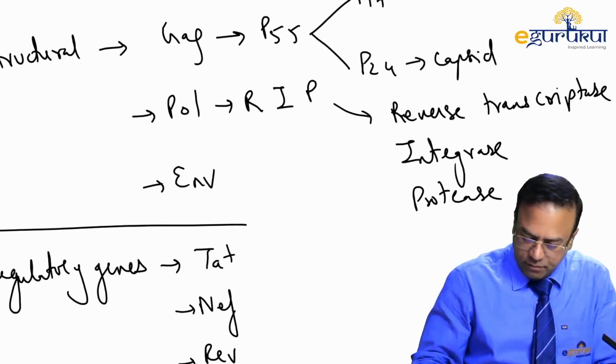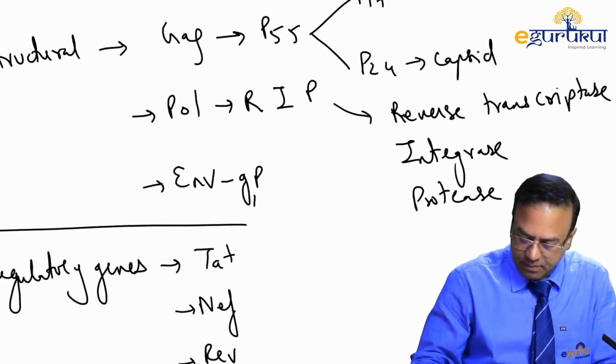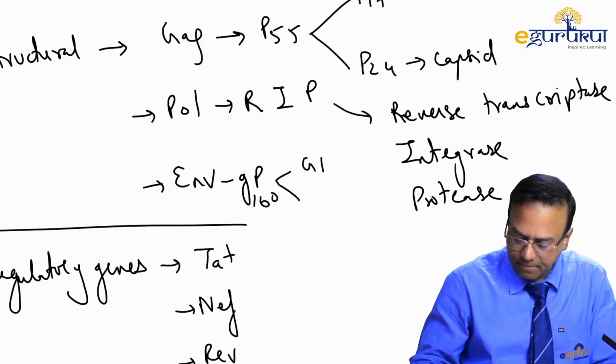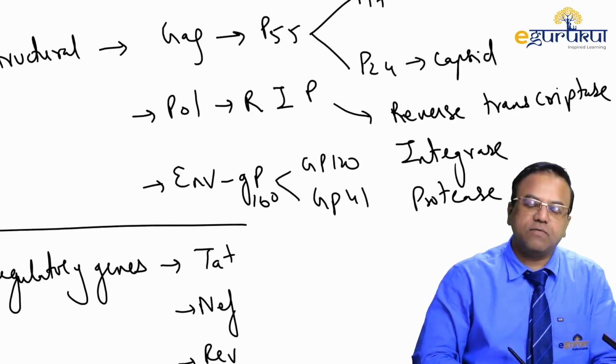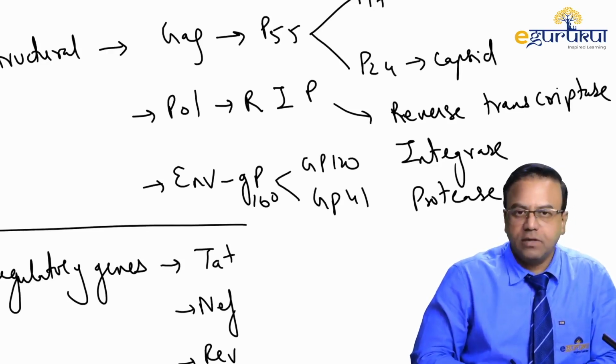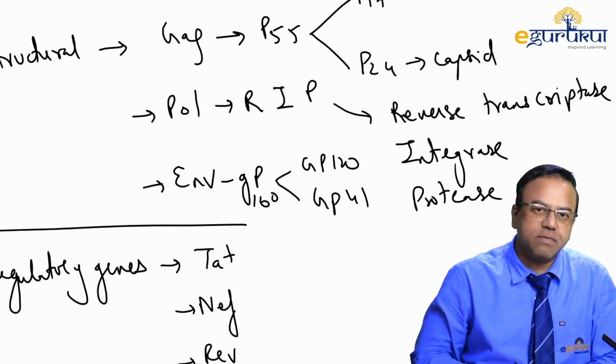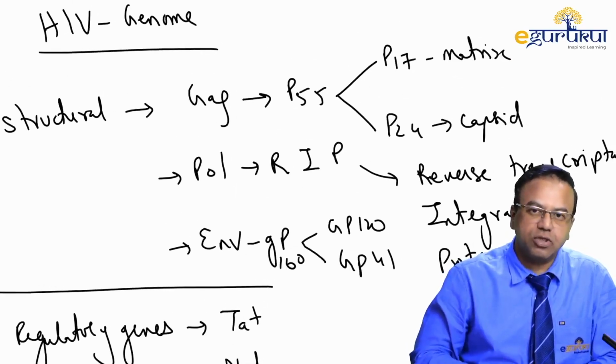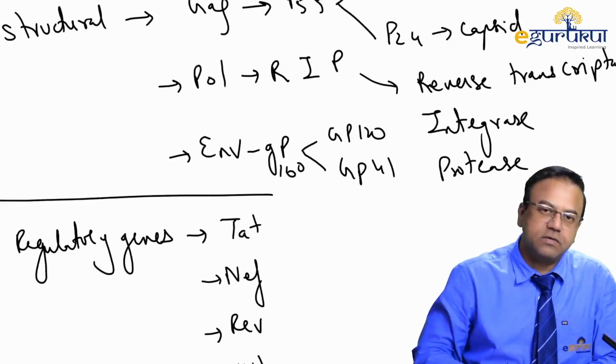The ENV is basically GP160 and gives rise to the two main proteins, GP120 and GP41. As we already discussed, GP120 is the spike protein and GP41 is the transmembrane peptide. So all these are the structural genes, and each of these genes has a job to do, and that is to code for all these structures.